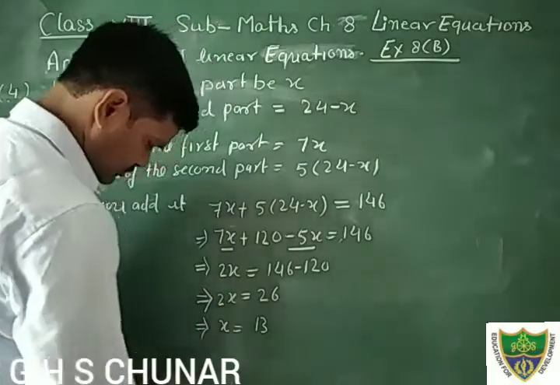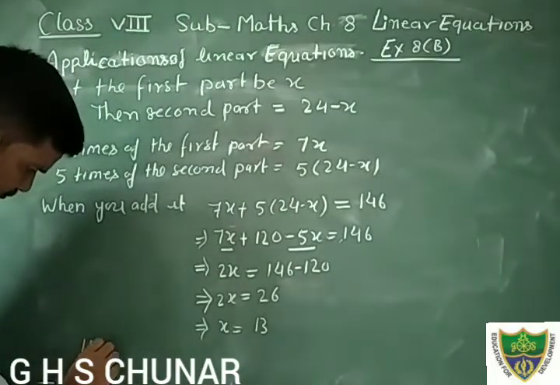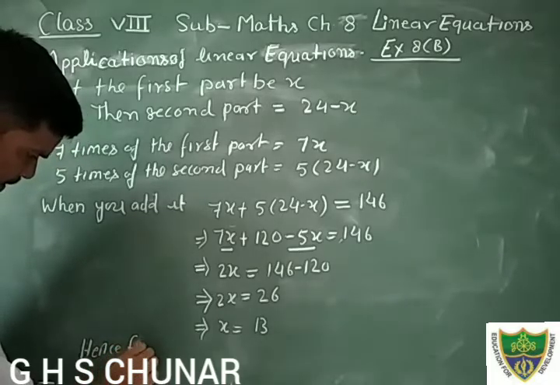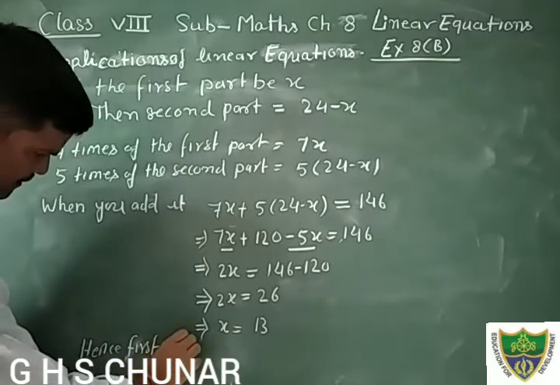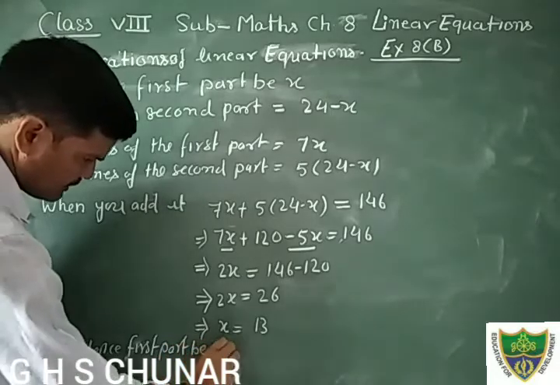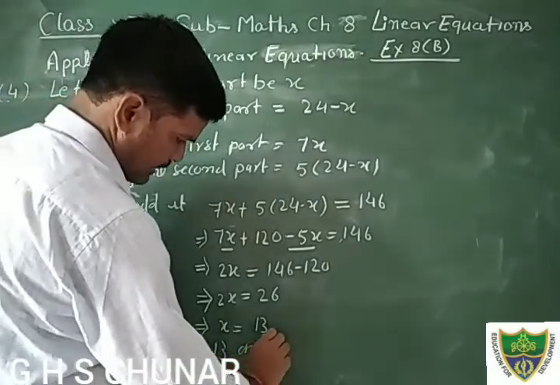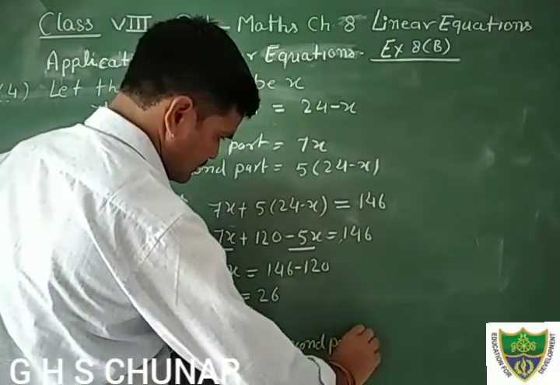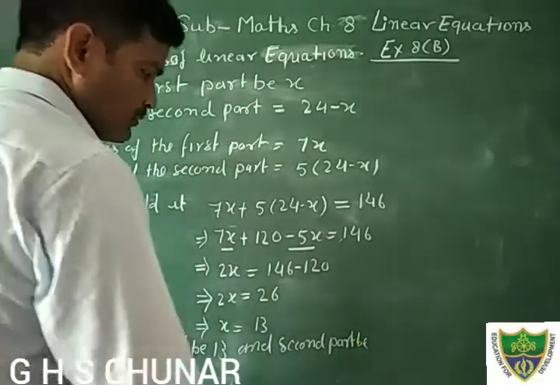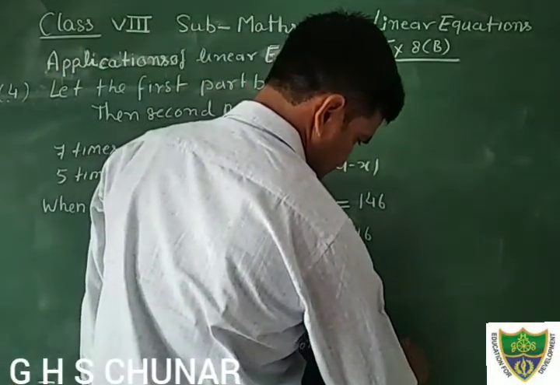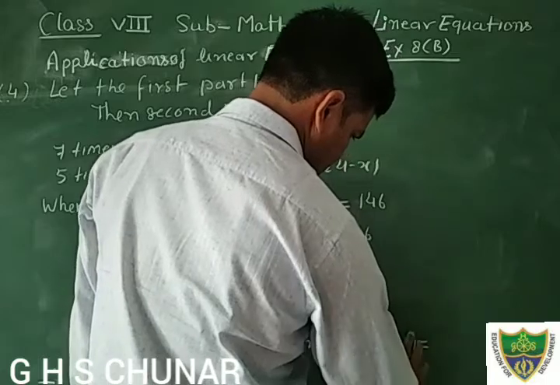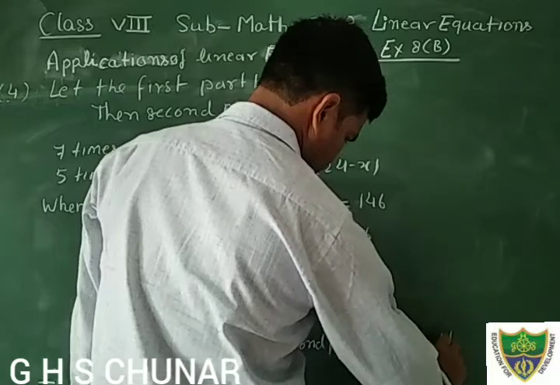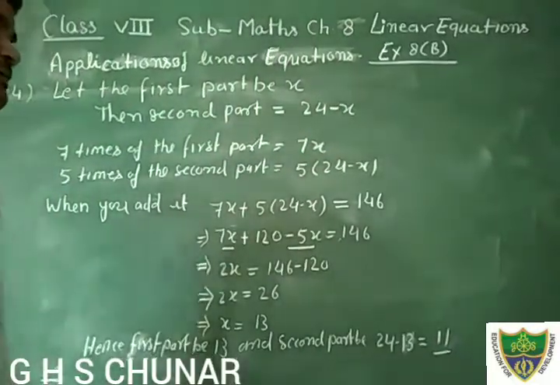So, hence the first part is 13 and the second part will be 24 minus 13, that is 11.